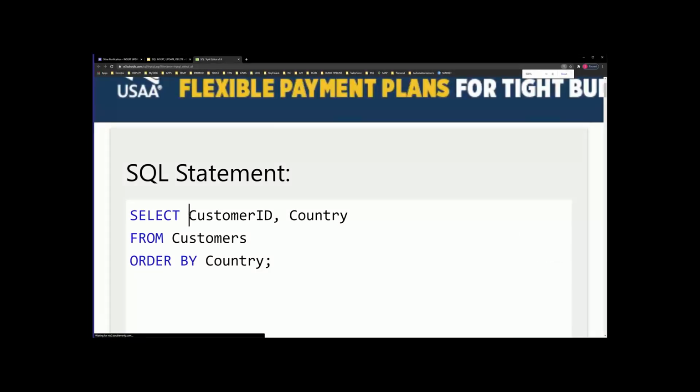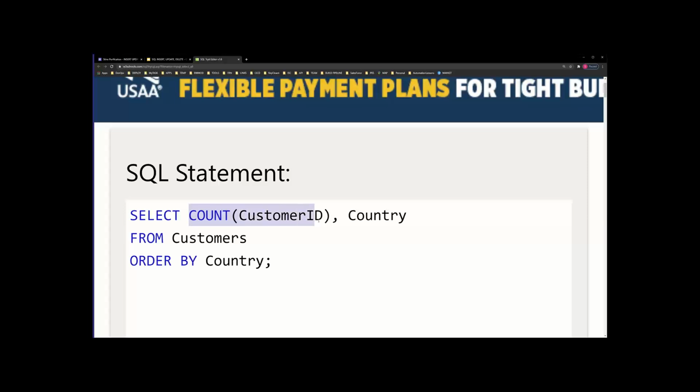So count customer ID. If I put this customer ID in the parentheses, now it's not going to display the customer ID, but it's going to display the count of customer IDs.